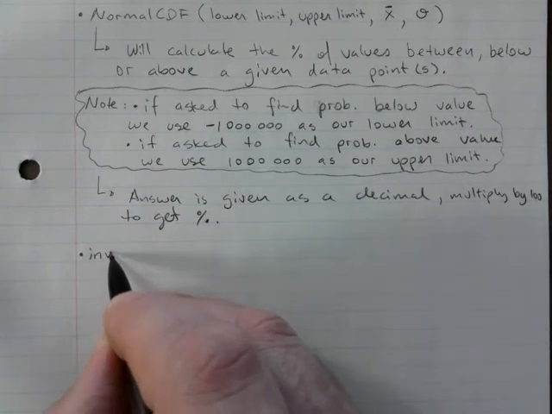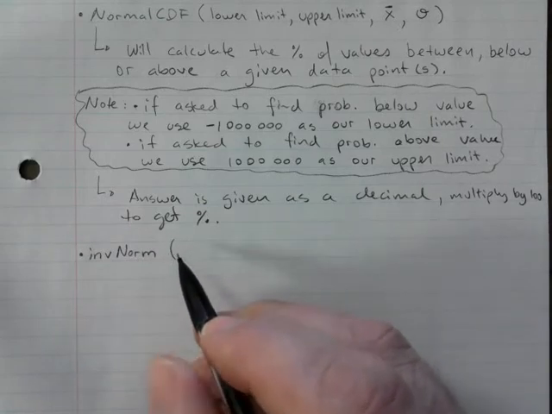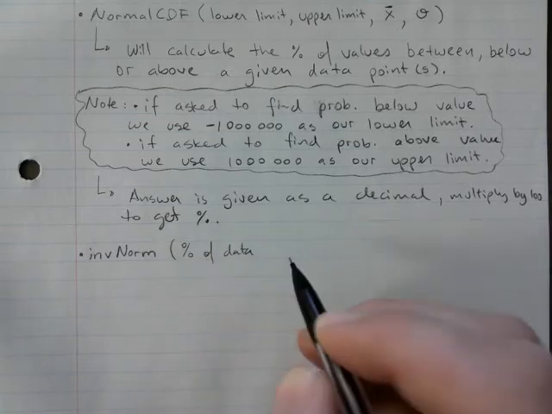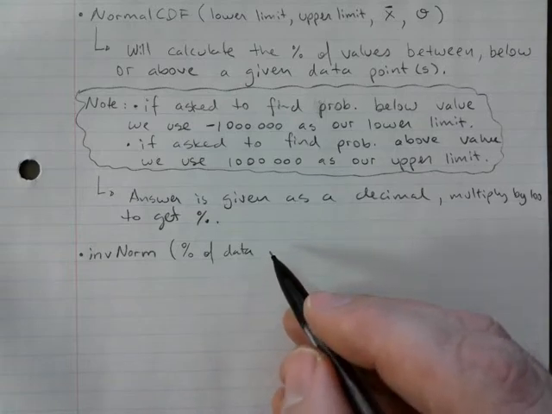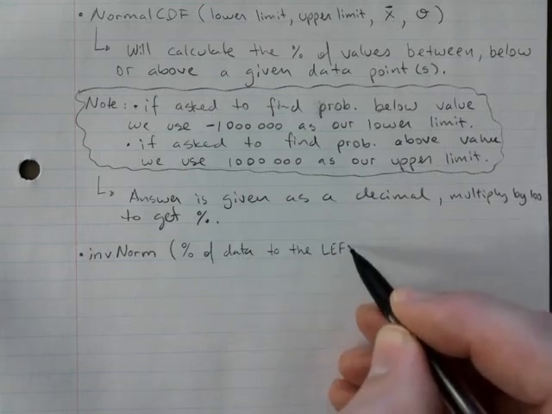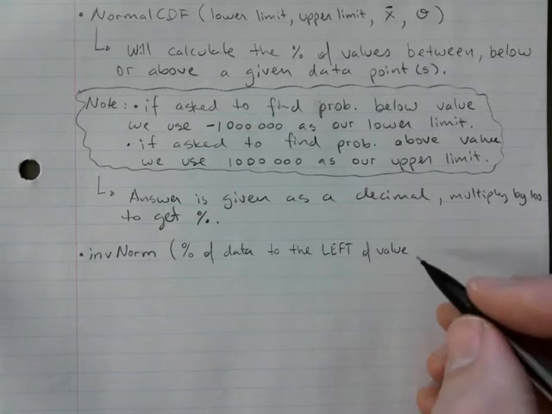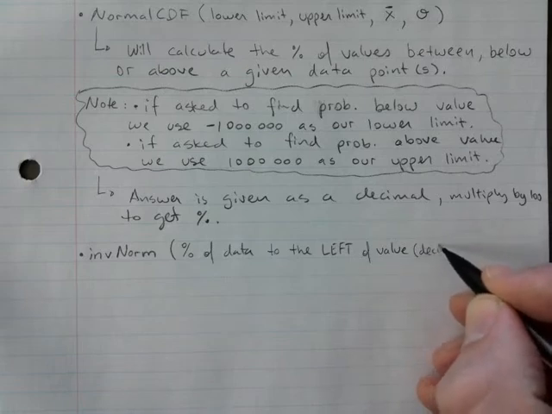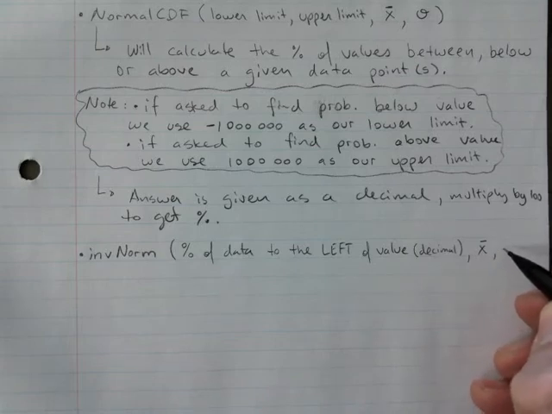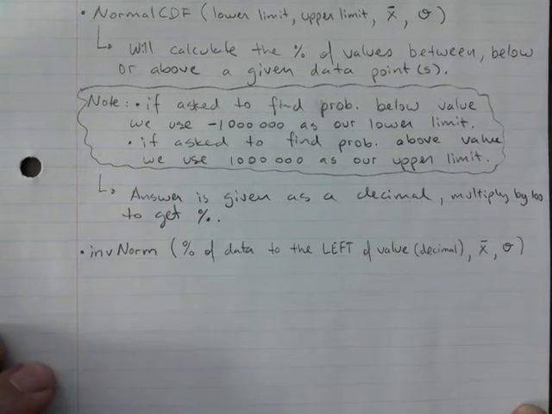Inverse norm. This is actually how the calculator shows it. And what it needs is the percentage of data to the left of value. It needs to be as a decimal. And then mean and standard deviation next. So these are the three. It only needs three things to be able to work it.